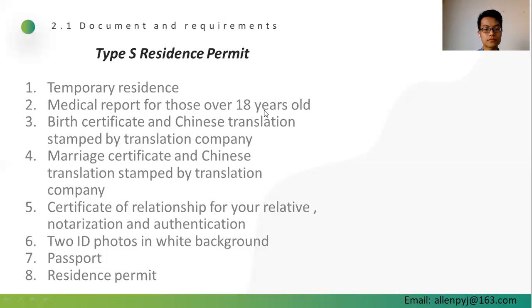And after having the Type S visa, they can come to China and do the translation by a Chinese translation company, because the exit and entry office will need the original with the Chinese translation bearing the company stamp.